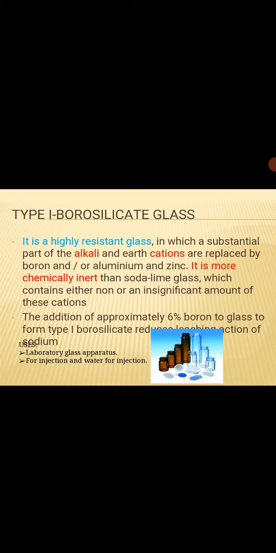Type 1 is a highly resistant glass in which a substantial part of alkali and earth cations are replaced by boron or aluminum and zinc. It's more chemically inert than soda lime glass, which contains either none or an insignificant amount of these cations.